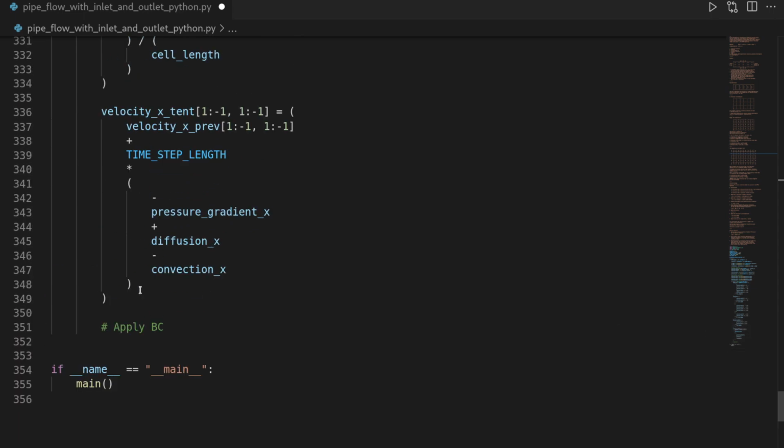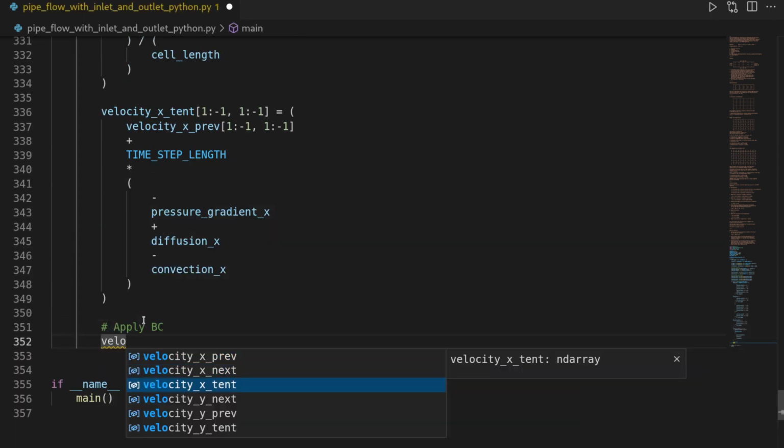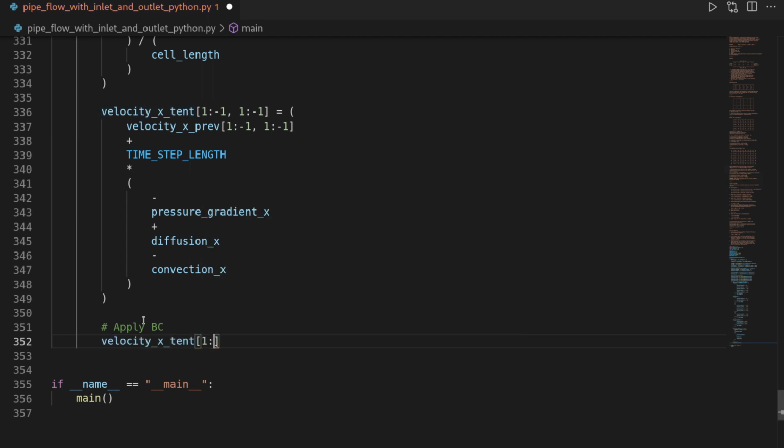So let me go down, and then we can say velocity x tentative at the interior points in x, because we don't want to set the ghost nodes, which are associated with the wall boundary condition, and then 0 in x, because we are at the very left, and we set that one to 1.